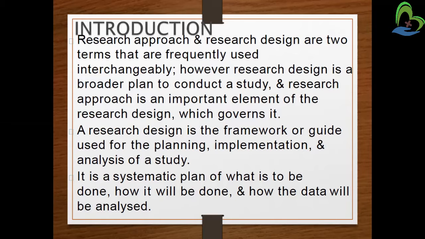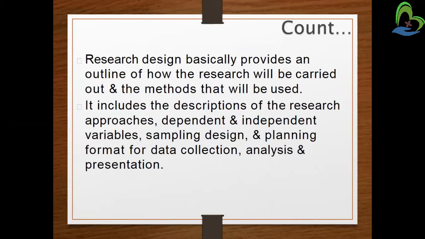Why? Because we are proceeding in a hierarchical way: what is to be done first and what in the next step, how it will be done, and how the data will be analyzed. This is all done with the research design. It also provides the outline of how to carry out research and how the methods will be used.